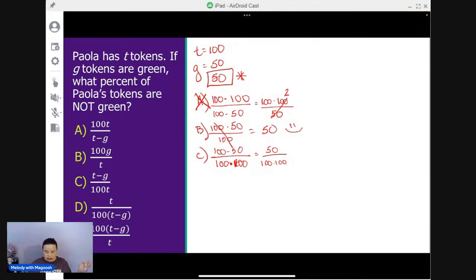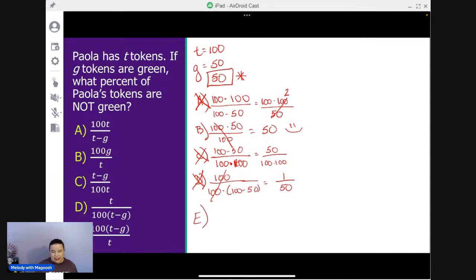I'm cutting 50 into pieces here, so it's not C. D. T, 100 over 100 times T minus G, 100 minus 50. Well, the 100 and the 100 cancel out. I have 1 over 50. Nope, that's not it. That's upside down, the right answer. And upside down doesn't count.